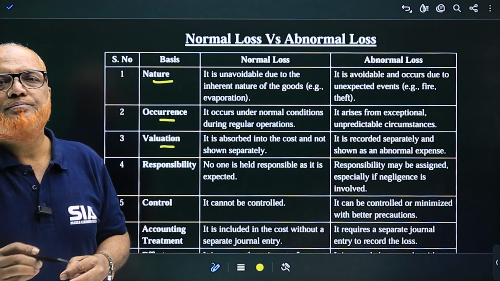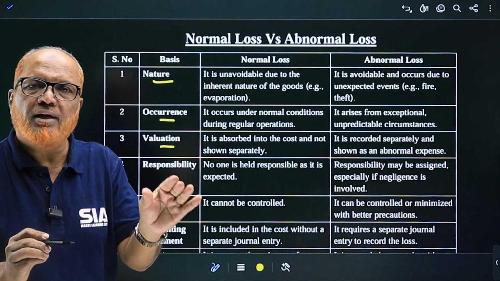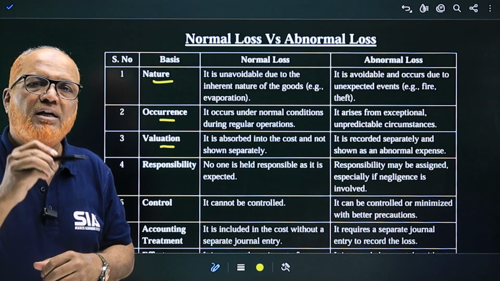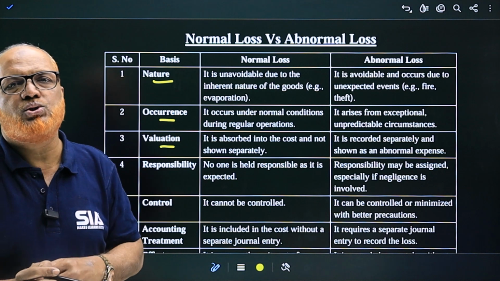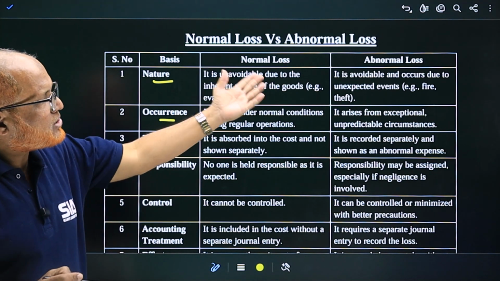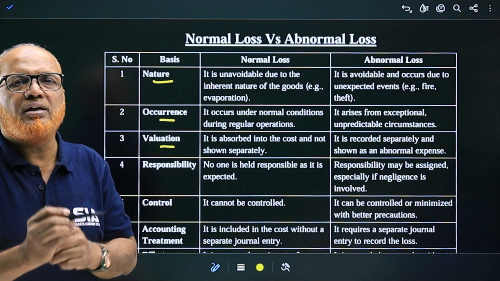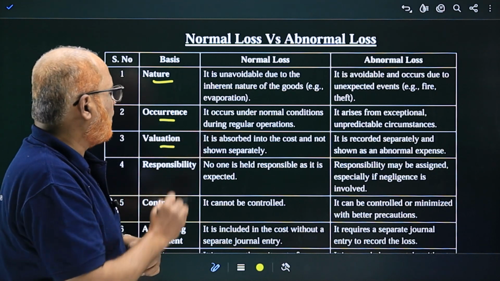In case of normal loss, there is no separate calculation, but the value of normal loss will be adjusted while calculating the value of unsold stock. Whereas in case of abnormal loss, separate calculations need to be made for the value of abnormal loss.